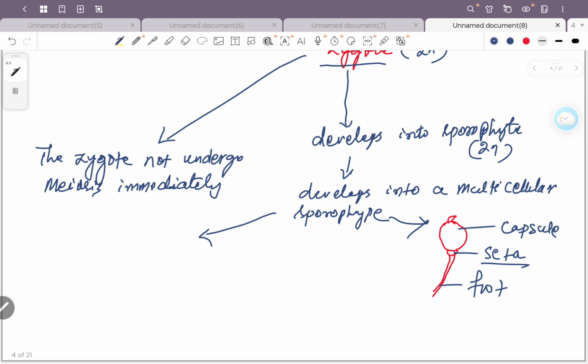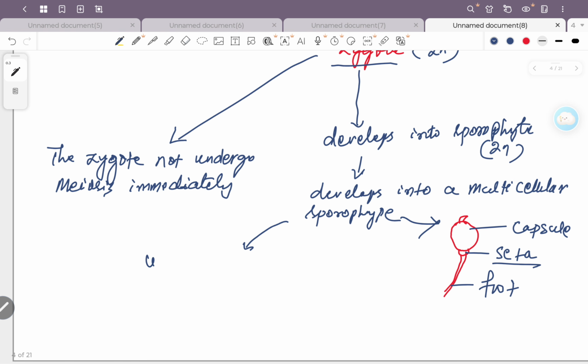Now this sporophyte forms the spores. So now this sporophyte undergoes meiosis, and it produces haploid spores.